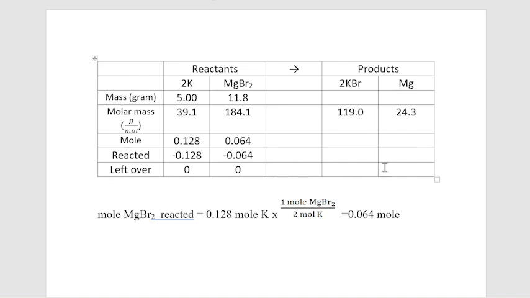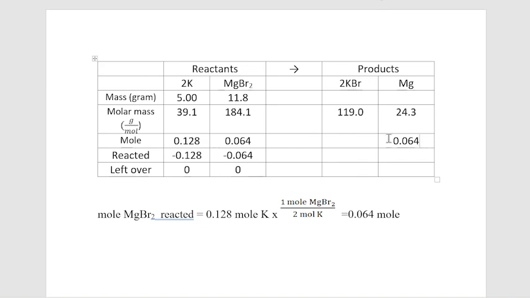To find the moles of magnesium that could be produced in a quantitative yield, or 100% conversion, because magnesium bromide and magnesium is 1-to-1, then the amount of moles that could be produced is 0.064 moles of magnesium.